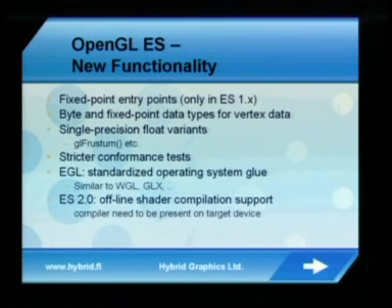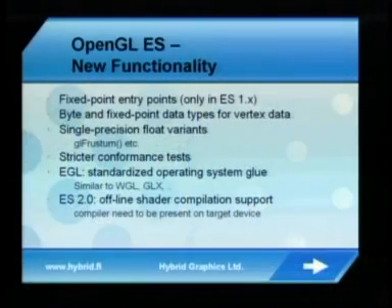There's also some new stuff that we had to add into the embedded subset in order to make it work on mobile systems. One of those was the fixed point entry points, so that whenever you could call something like glFrustum with a floating point parameter, you can now do it with fixed point as well. And that's because usually none of these devices really have FPUs in them.